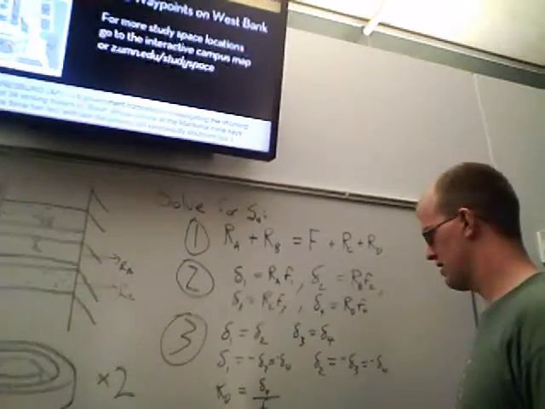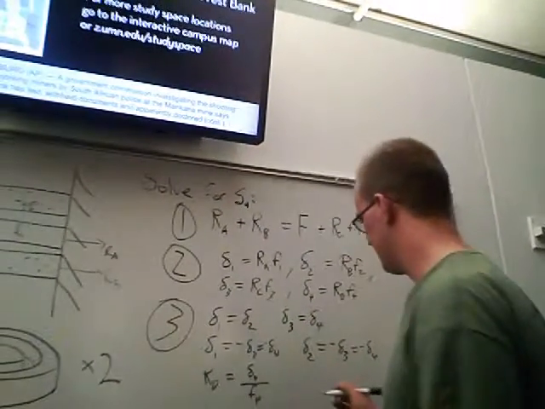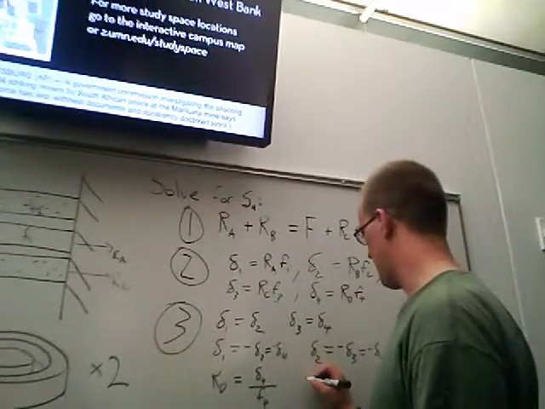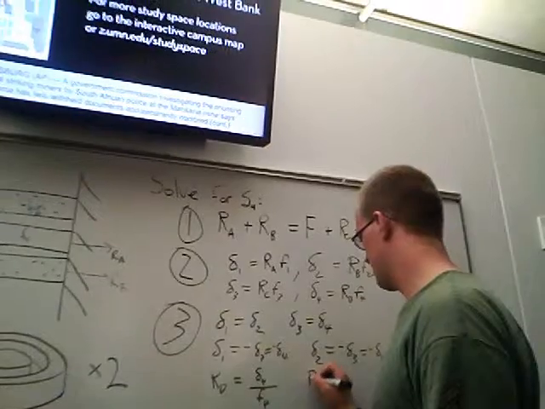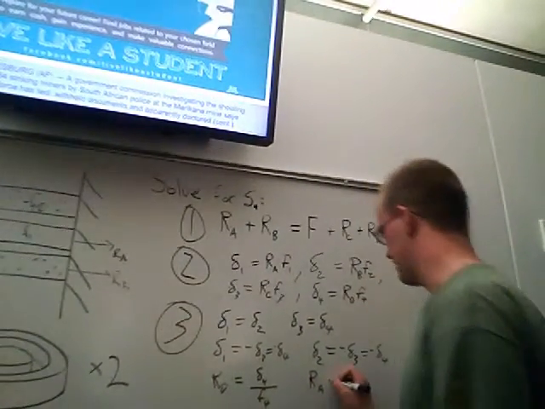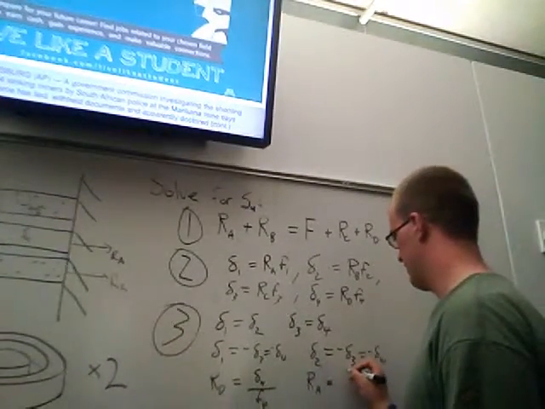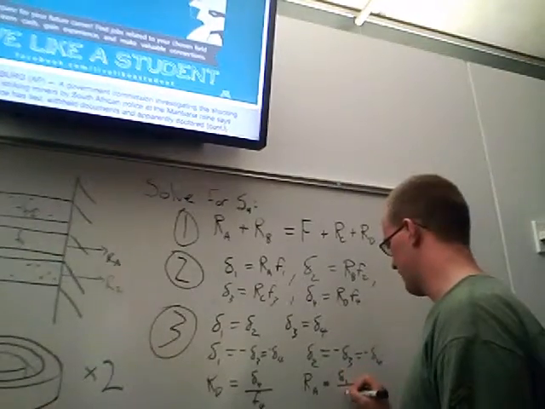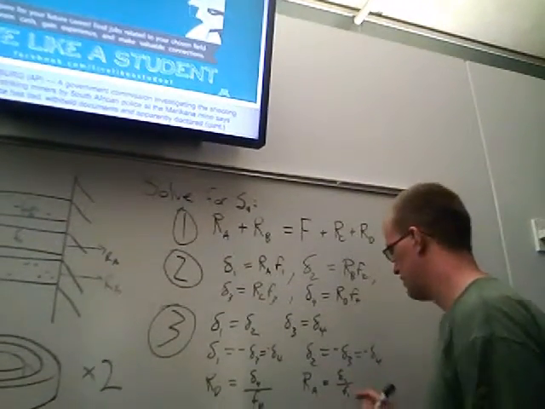Excuse me, I had that the other way around at first. And then RA is equal to delta 1 over F1, right?